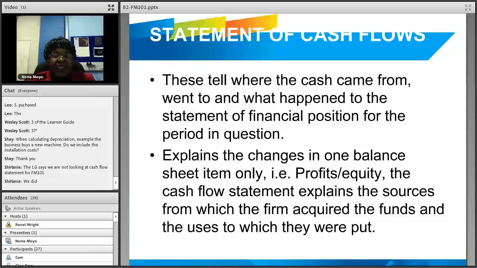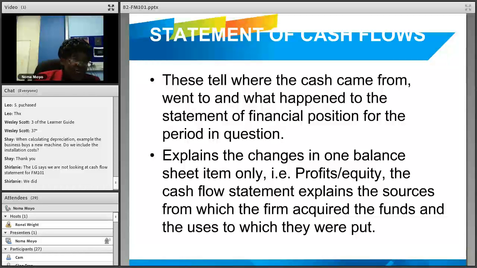These tell where the cash came from, went to, what happened to the statement of financial position for the period in question. It explains the changes in one balance sheet item, that is profits equity. The cash flow statement explains the sources from which the firm acquired the funds and where it used them. That's what the cash flow is doing.